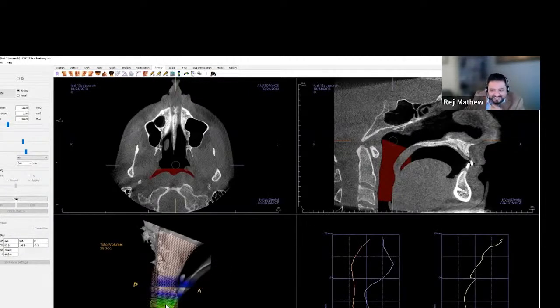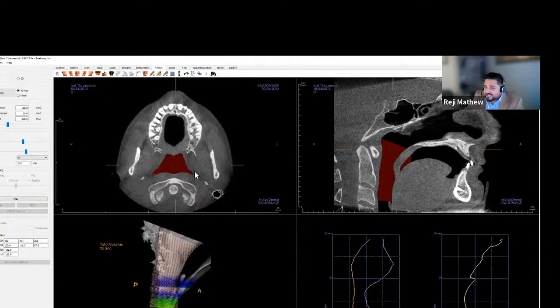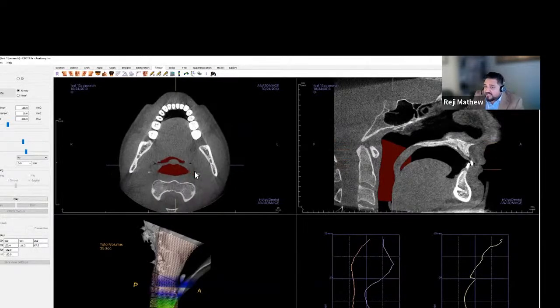You can see that the minimum area is 270 square millimeters. So this patient is okay. I would call it a mild or low risk case if this measurement were somewhere around 100 to 150. You can scroll down through the axial images and clearly evaluate also.